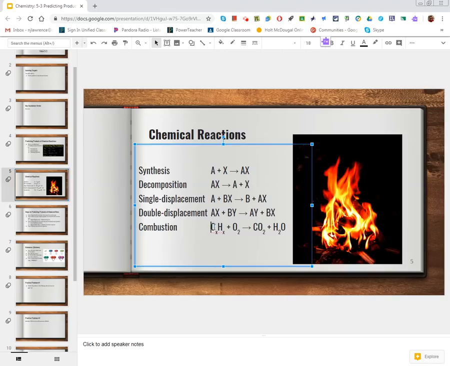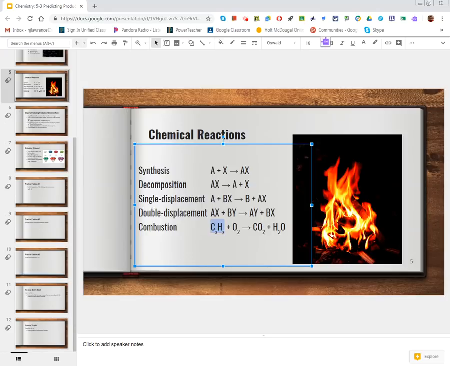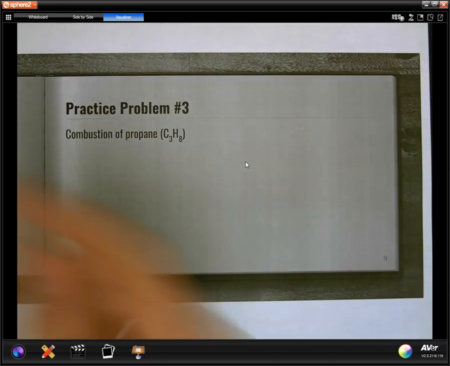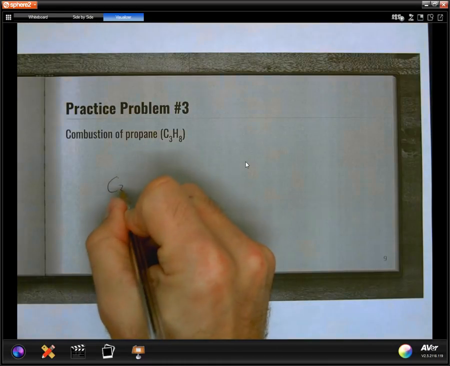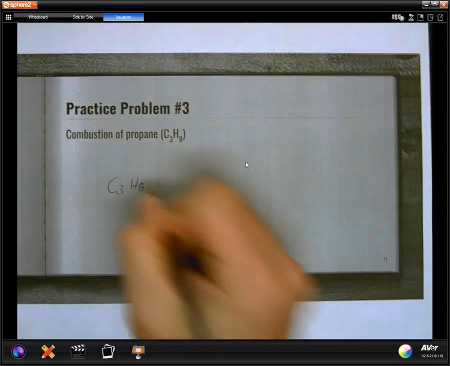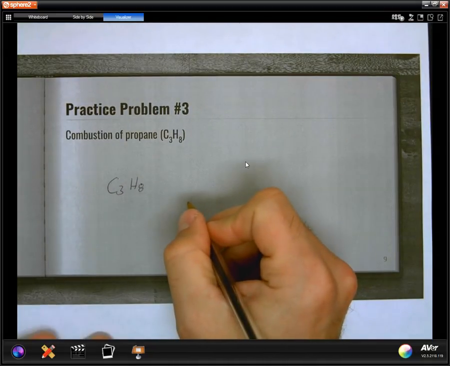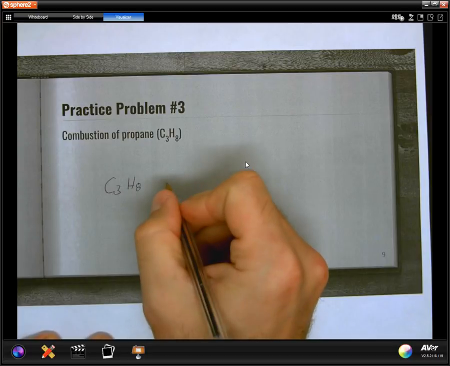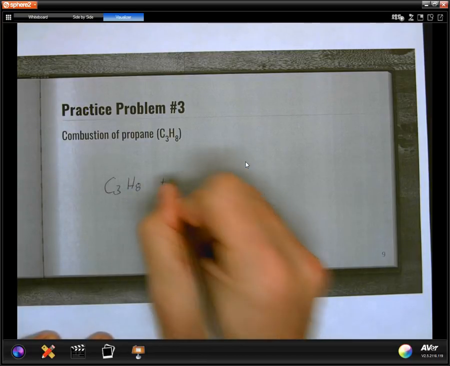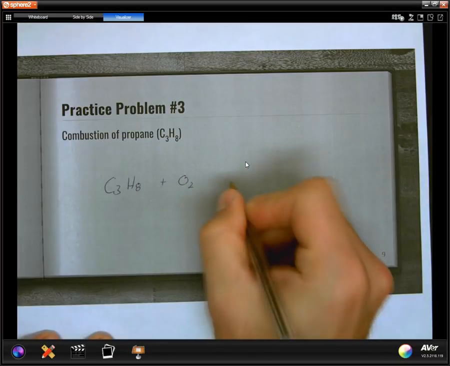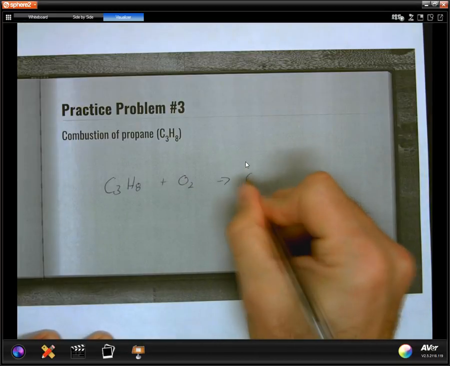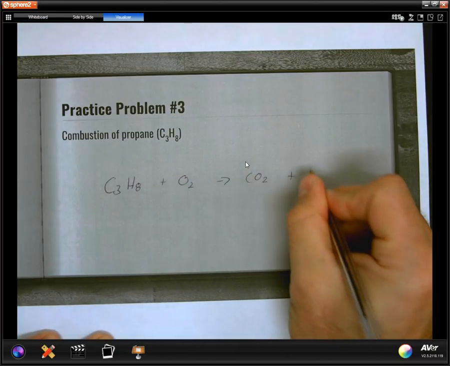We see a combustion reaction is some kind of carbon fuel reacting with oxygen to produce carbon dioxide and water. And so as we get going here, we should be able to start to write that out. C3H8. And then we're going to react that with oxygen to form carbon dioxide and water.